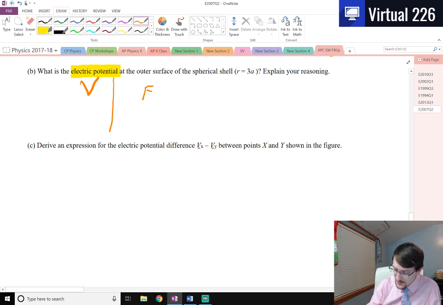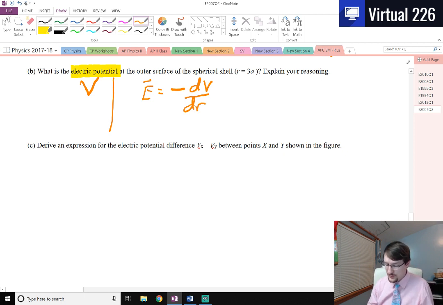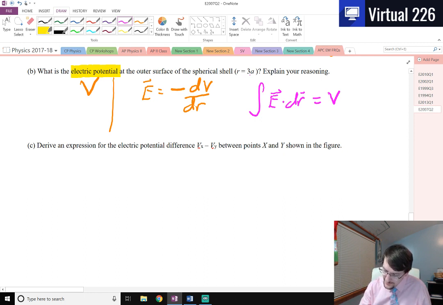We know that an electric field is equal to the opposite of the derivative with respect to the position of the voltage. And what that means is that the integral of that electric field with respect to some position equals the voltage. Okay? Now, we're looking on that outer surface of that shell, 3a.